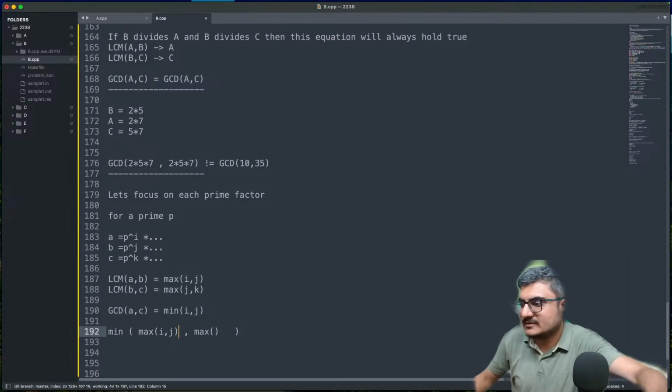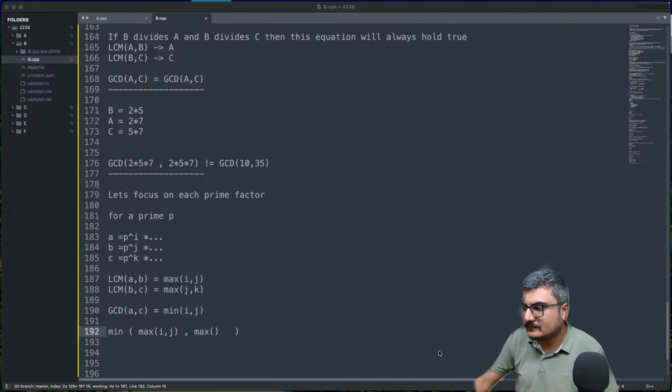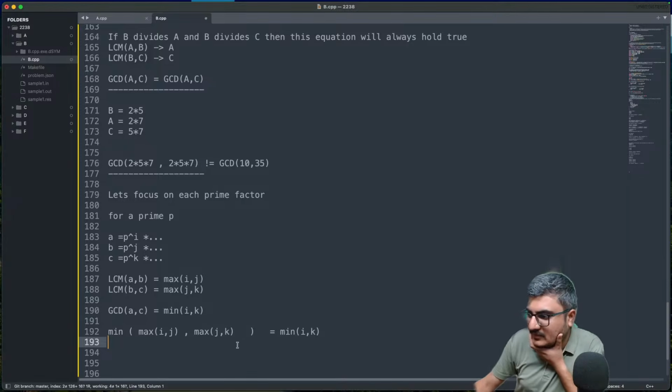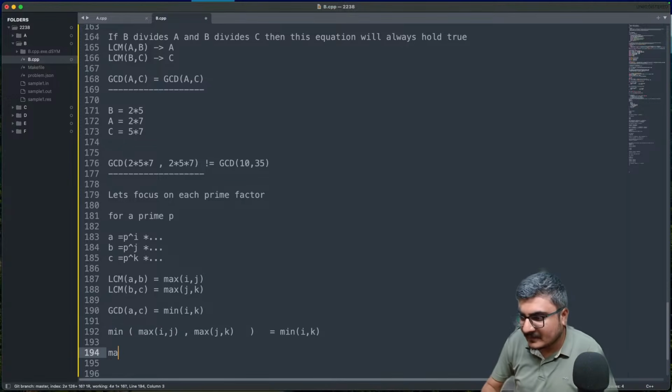Yeah, this makes more sense. And on this side, due to the LCM, the maximum power of P would be j comma k. And here we need minimum of I comma k. Now you can see that you can rephrase this part again as maximum of j comma minimum of I comma k. When will this equation hold true?